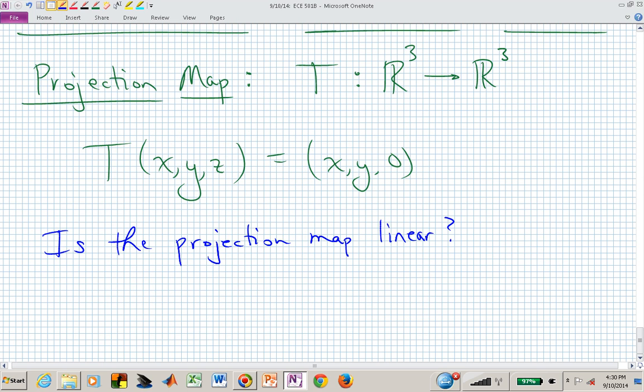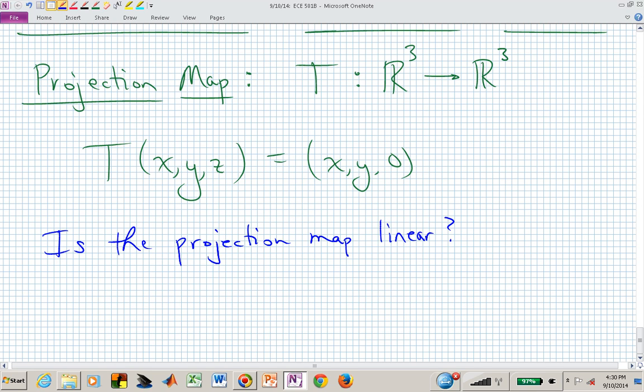Is that unique? For any x, y, z, it goes to a unique point. It's maybe not unique in the other direction. You might have many z's that map to that same unique point in the output. Now, what can we say?